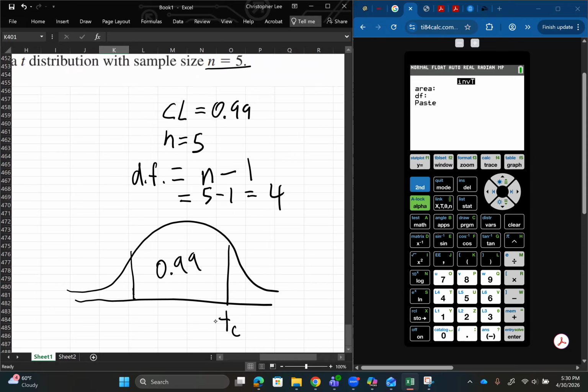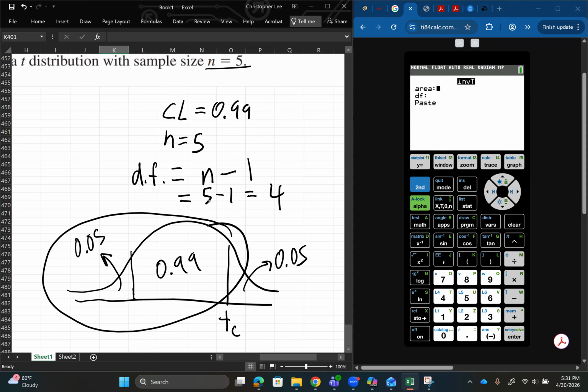And I want T critical. But what's this? And then this is 0.05. So in the calculator, I have to put this area here in there, right? So that's 0.995, right? Oh, I messed it up.